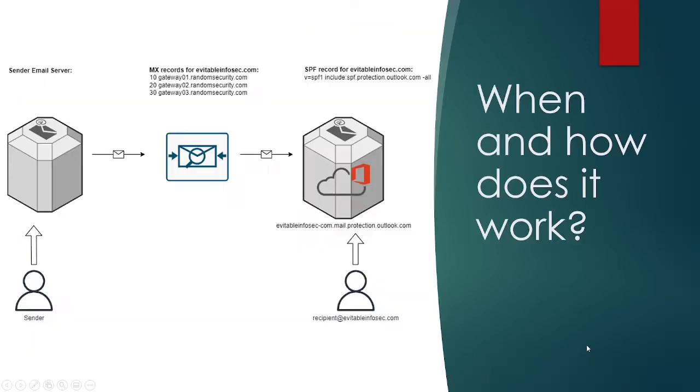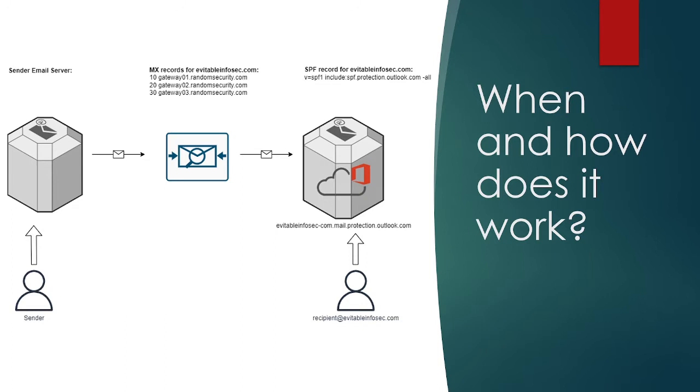Let's get started. To better understand how this works, we'll take a look at normal email operations flow when using an email gateway. Let's follow how a normal email would be sent and passed through an email security gateway. While we do this, we'll take note of the different DNS records involved for the receiving domain.